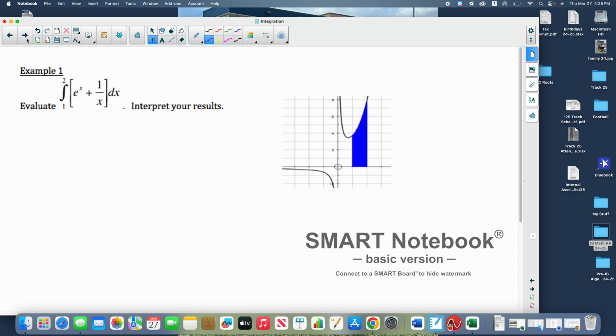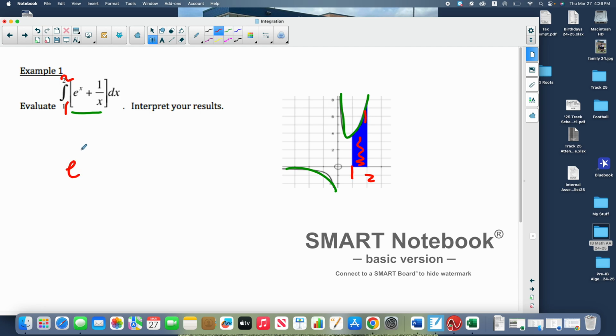So if we're to do this one here, this is kind of a unique graph. I've got e^x dx plus 1 over x. It gives me this graph that you have shown here, all right? We're going to evaluate this from 1 to 2, which would be from 1 to here, and then I want to find the area under that curve. So I would do the antiderivative. Obviously, if you had your calculator, you could just plug it straight in and get the answer, all right?